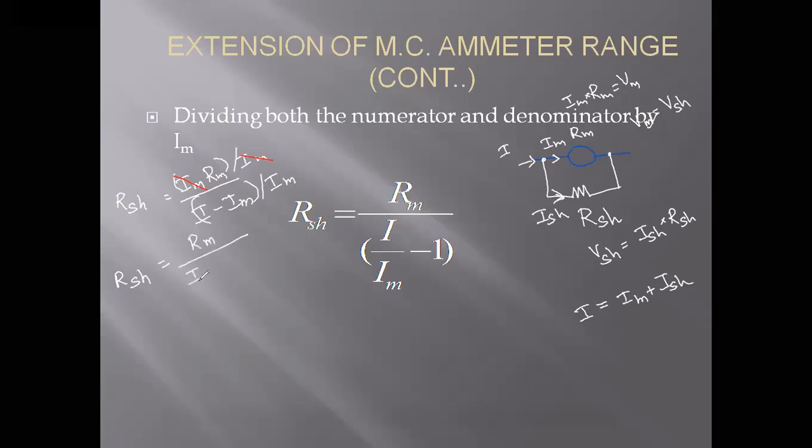Denominator, I'll have I by IM minus IM by IM. So here, IM and IM get cancelled and I'll be left out with only one. Hence, we get this equation that RSH is equals to RM by I by IM minus 1.